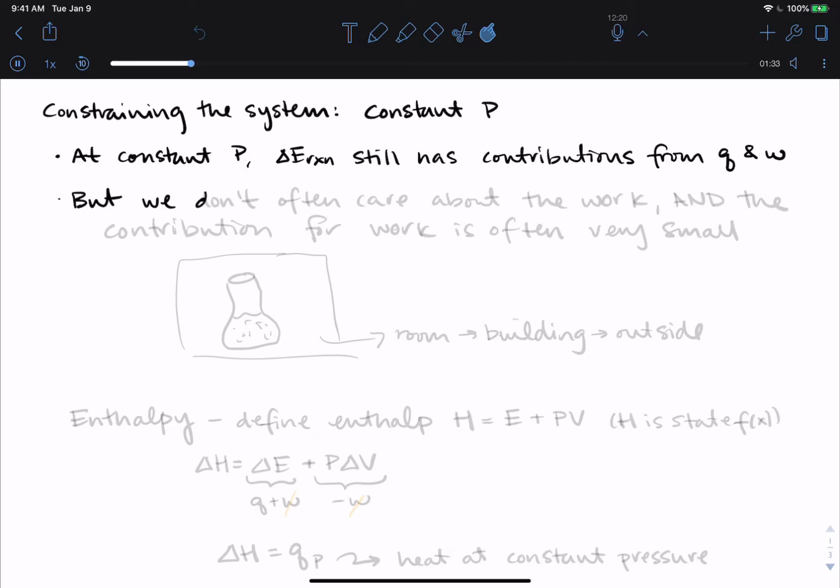The contribution from work is sometimes really small, and I'm going to try to draw you a picture to show why.